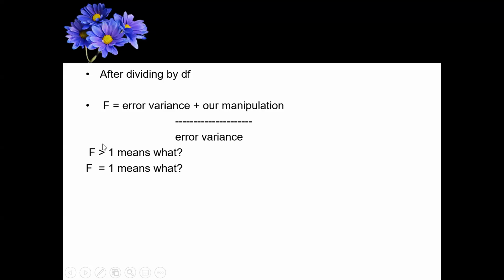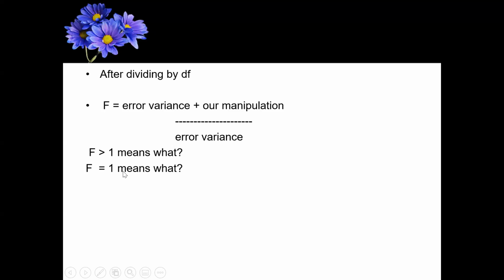So thinking about it just mathematically, if the F is greater than 1, what does that suggest? I just stick in some numbers in here, see what happens. Well, if the F is greater than 1, that must mean, or at least indicates, I shouldn't say must mean, but indicates that there's something going on, that our manipulation is actually doing something. Because these should cancel out, right?